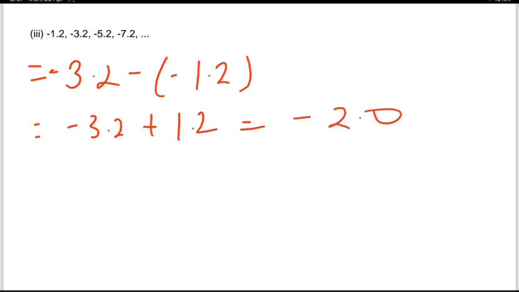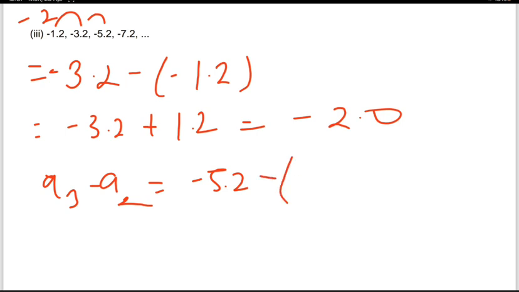And a3 minus a2 is minus 5.2 minus of minus 3.2, and you get the same minus 2.0.